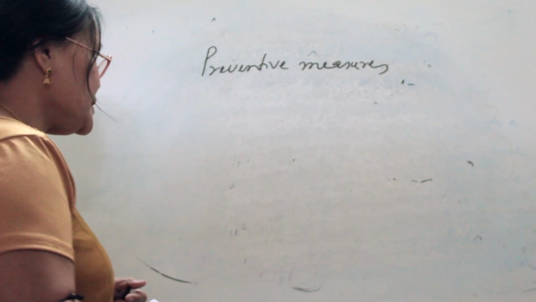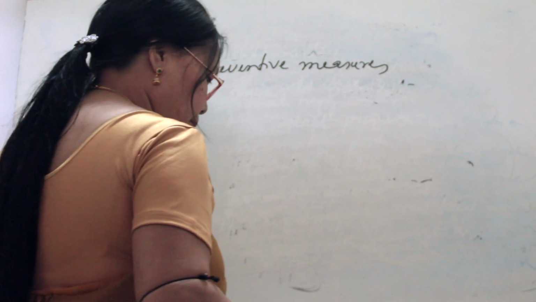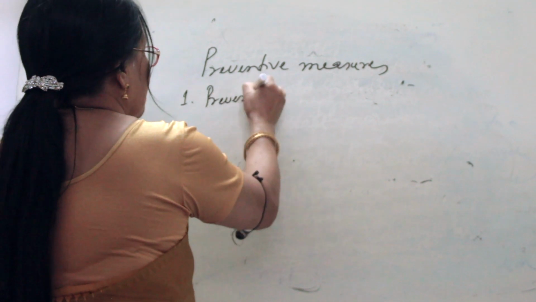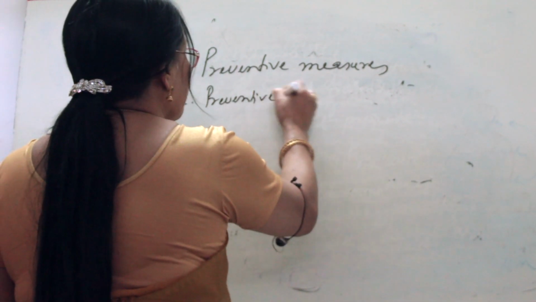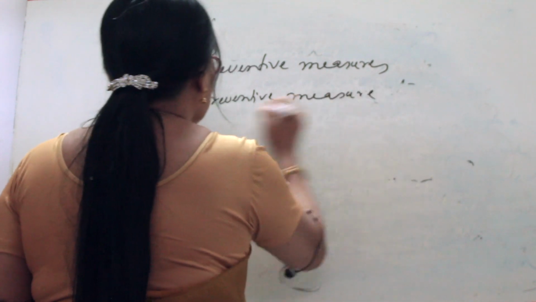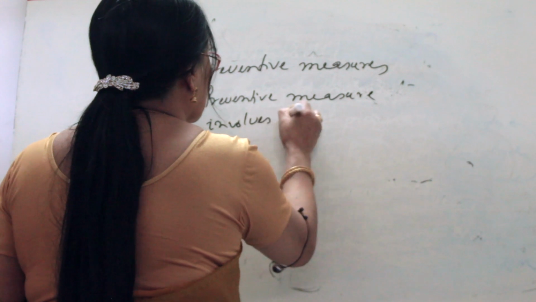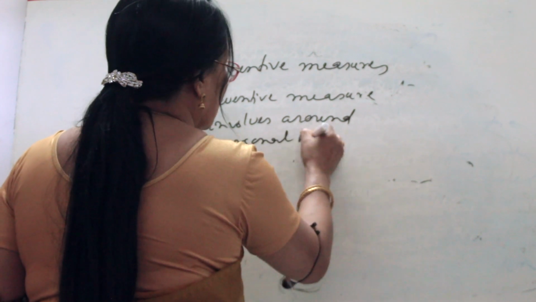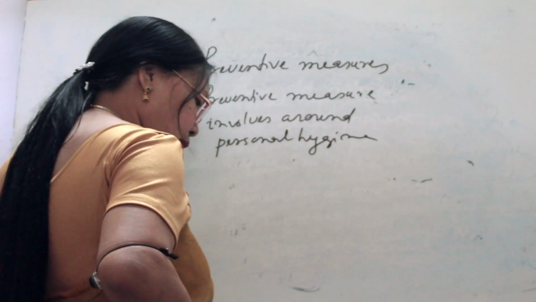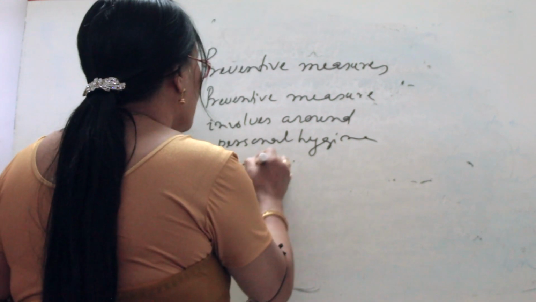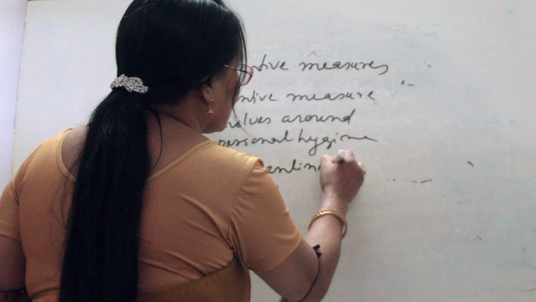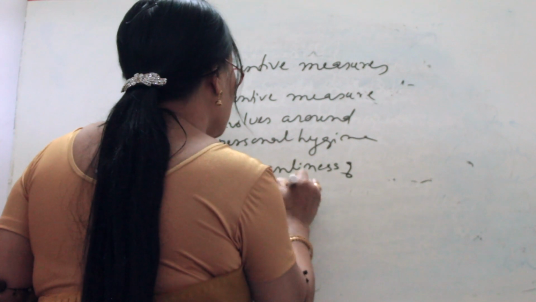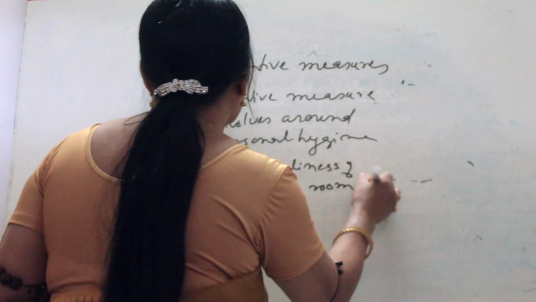Preventive measures. Preventive measure number 1: preventive action revolves around personal hygiene and cleanliness of the living room.